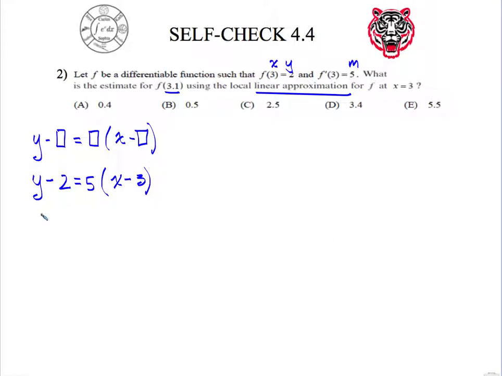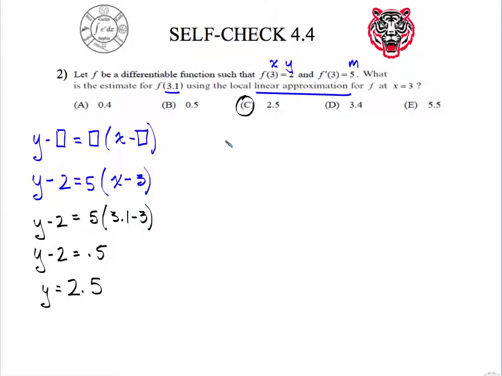So when we plug in 3.1, we get y minus 2 is equal to 5 times 3.1 minus 3. 3.1 minus 3 is 0.1, times 5. Oh, I should have just plugged in 5. So 0.5. And then I have to add 2, so y is equal to 2.5. There it is. C.